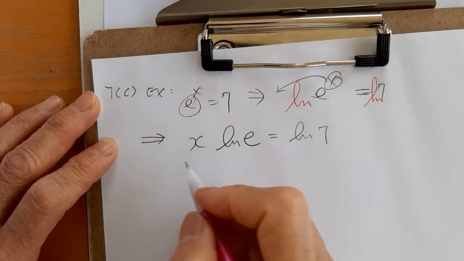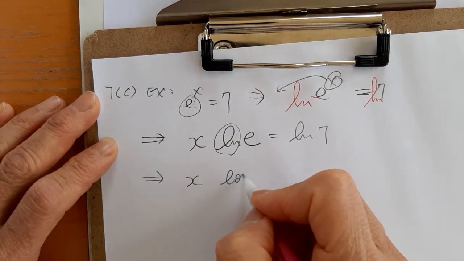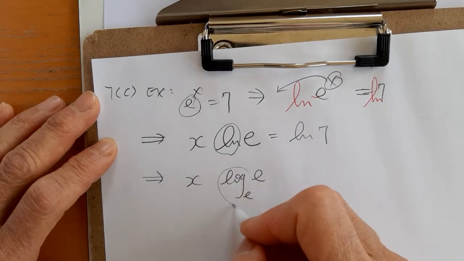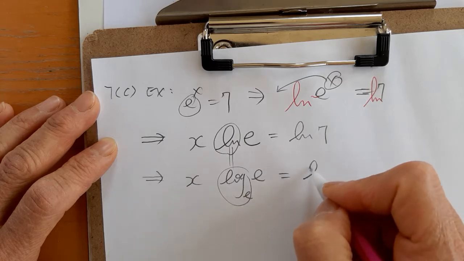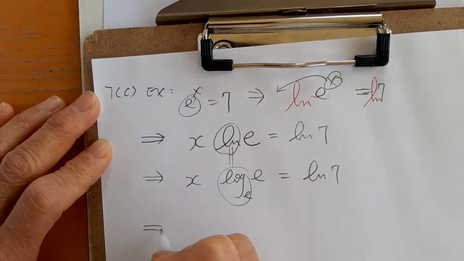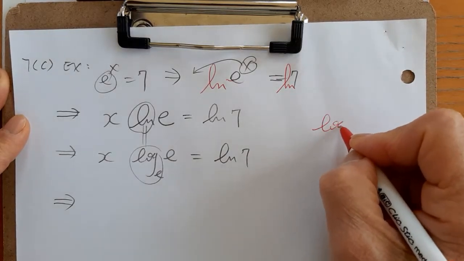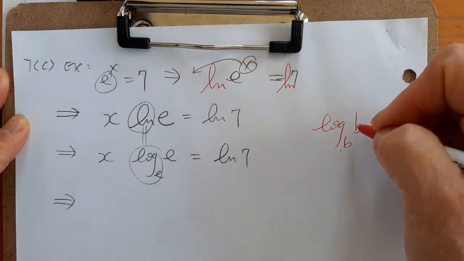Since the base of ln is e, ln is actually log base e. The formula is log base b of b equals 1, because b to the power 1 equals b.